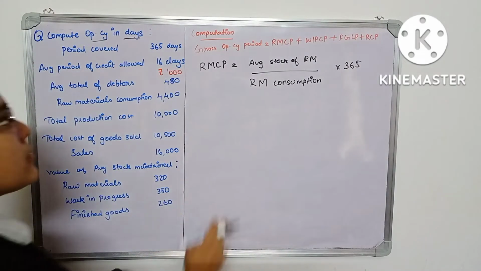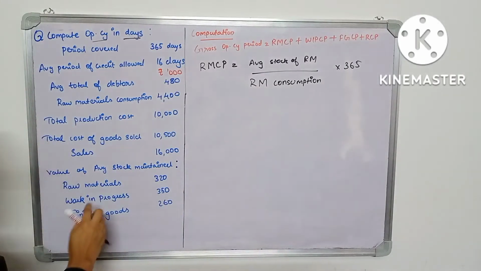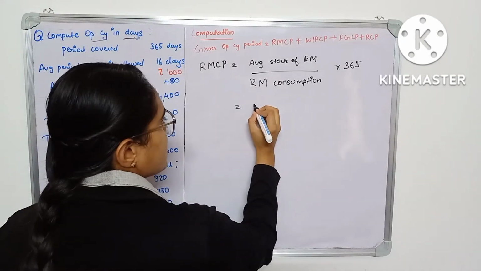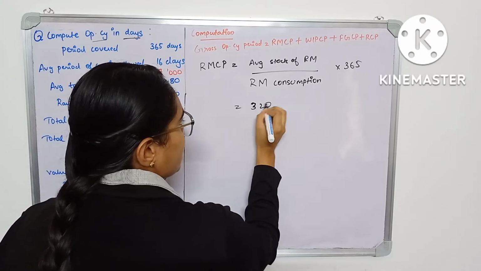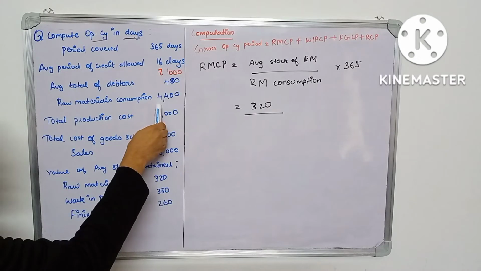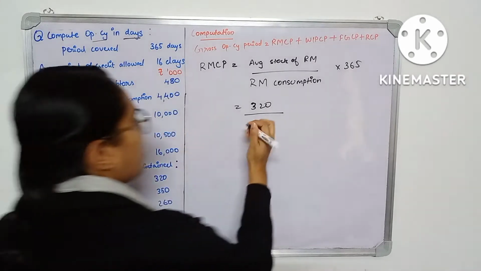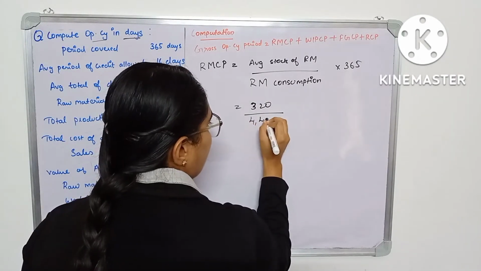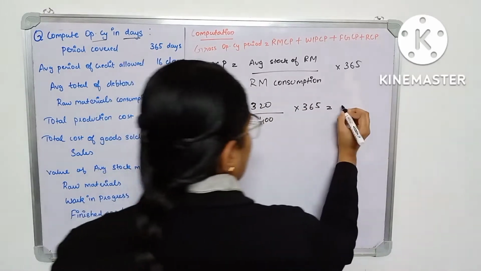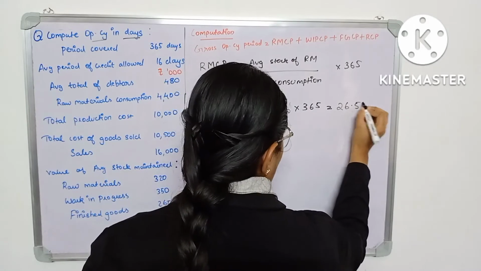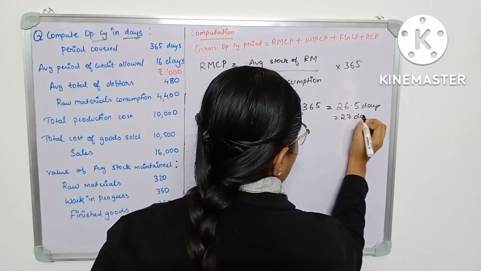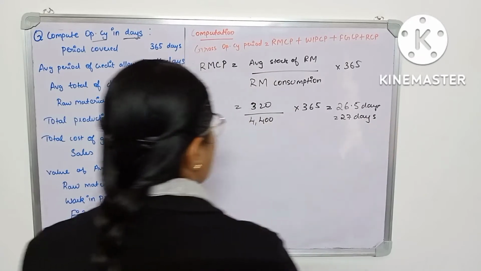Average stock of raw materials is already given in the question as 320. So let us substitute the value: 320 divided by raw materials consumption, which is also given as 4400, into 365. If you do that, you will get 26.5 days, which may be rounded to 27 days. So that is 27 days.